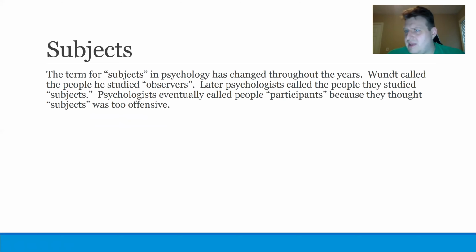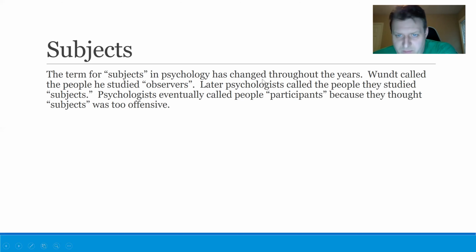And then in the 1980s, 1990s or so, psychologists thought the term subject was a little bit offensive. It wasn't very nice to say you're the subject, because we call mice and chimpanzees subjects of experiments. So we use the term participant, and participant is still a good way of referring to these individuals.